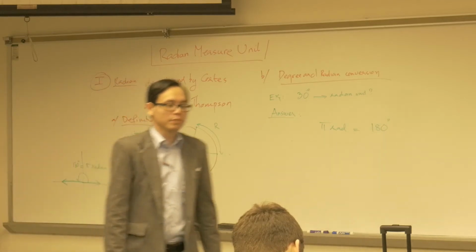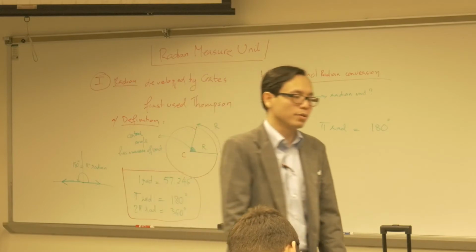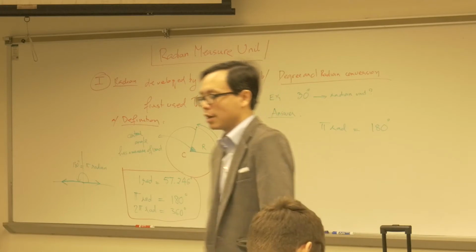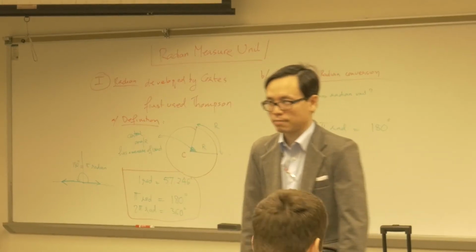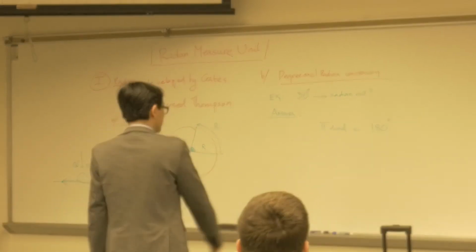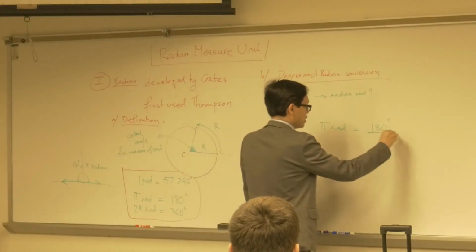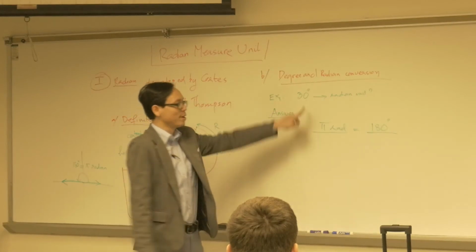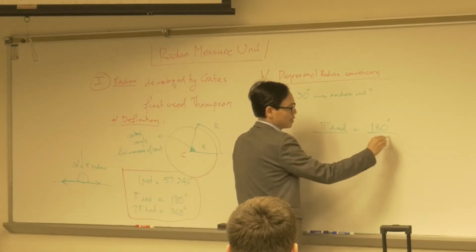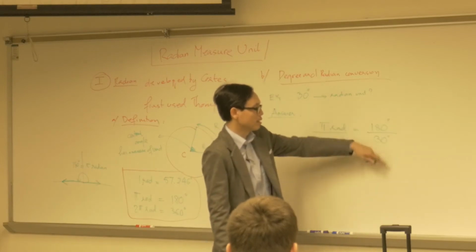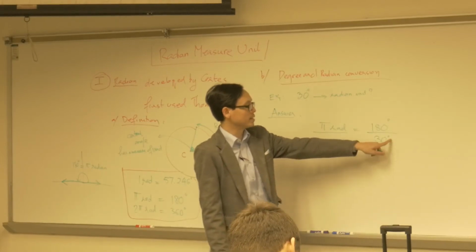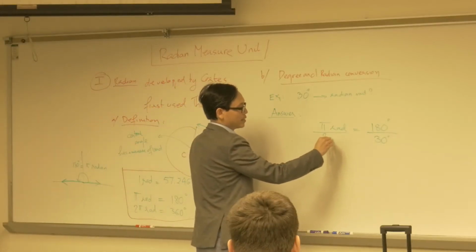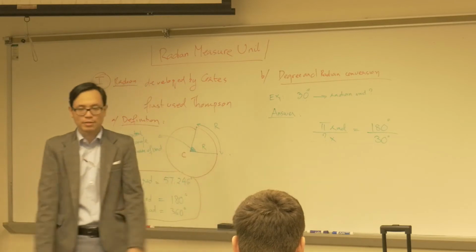The concept of converting between radian and degree is that we're going to use the proportion concept. So I'm going to set up pi over 180 degrees on this side, and on the other side, 30 degrees over something, because I need to match up the units. If it is degree here, then it is degree there. And we're looking for this, right? How many radians? So I'm going to call this x.